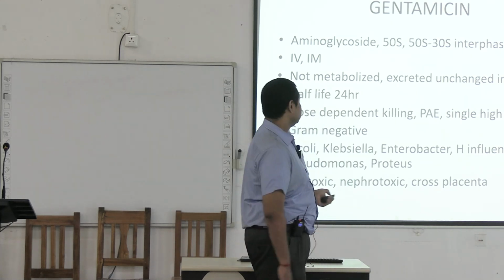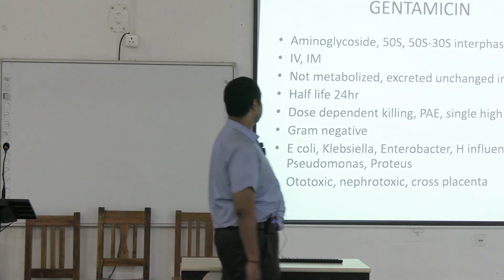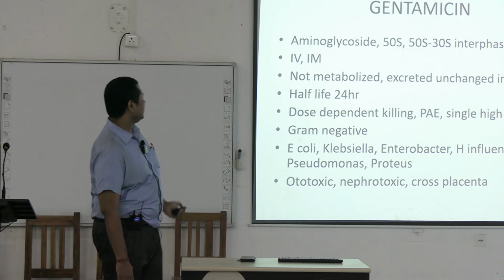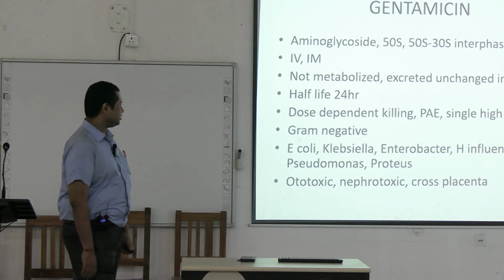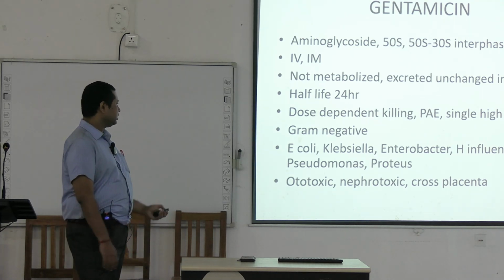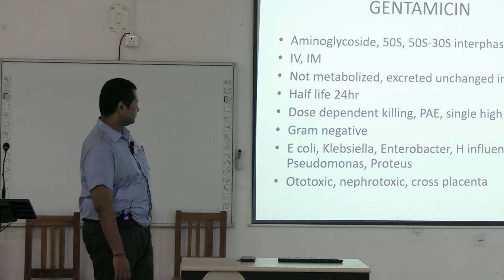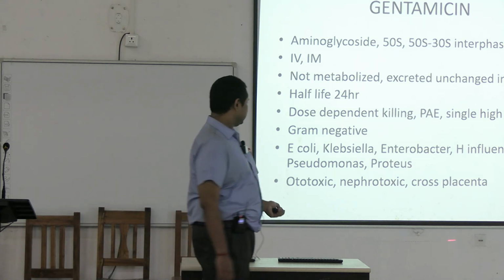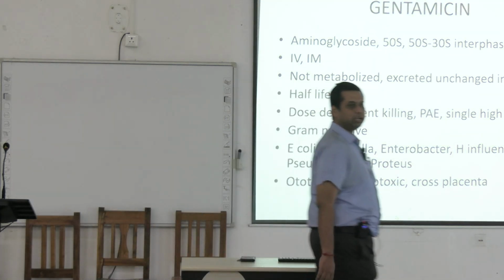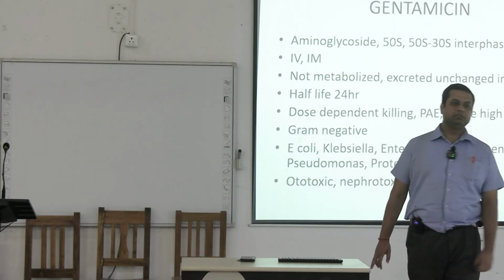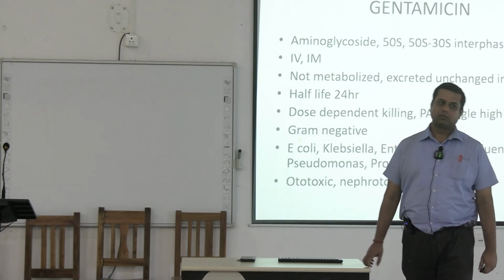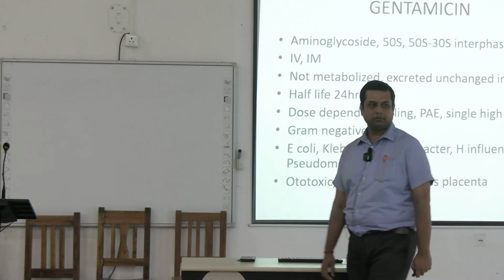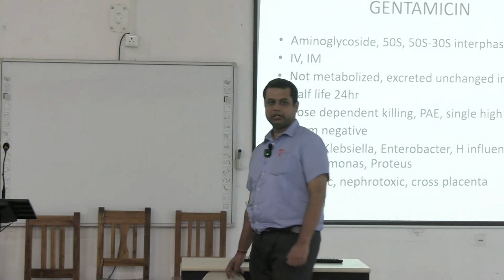Single high dose effective against gram-negative bacteria: E. coli, Klebsiella, Enterobacter, Haemophilus influenzae, Pseudomonas, Proteus. Another thing, it crosses placenta. What's the significance? In pregnancy, must be careful in giving to a pregnant woman.